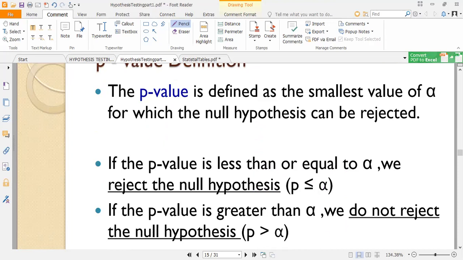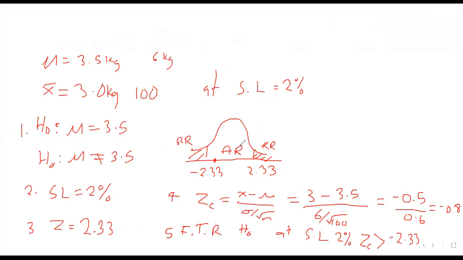So in the question that we were just doing here, we could also use the p-value to calculate. We got negative 0.83. We pick the absolute figure itself. So you check for the 0.83 and you're going to compare to the alpha.